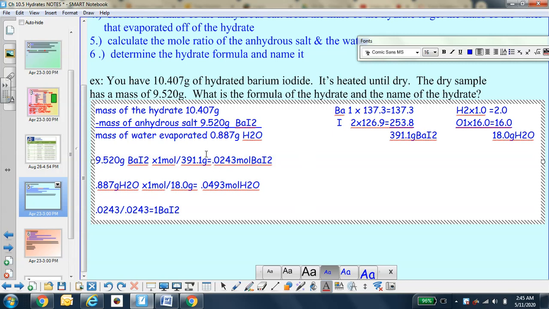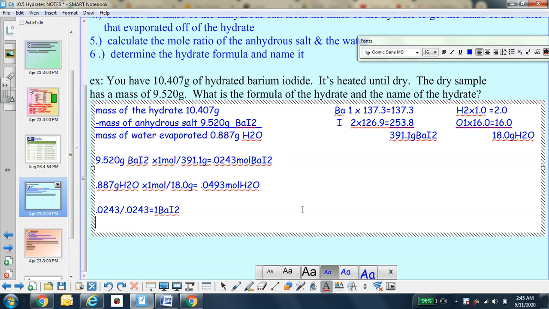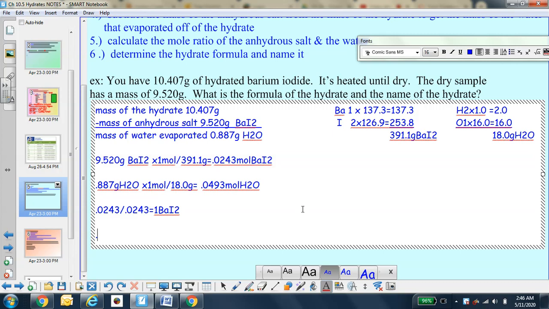Now, the smallest answer, whenever you're working with these hydrates, is always going to be the anhydrous salt. And we're going to have anywhere from 1 to 10 water molecules. And it just so happens that it works out to be 2 water molecules.